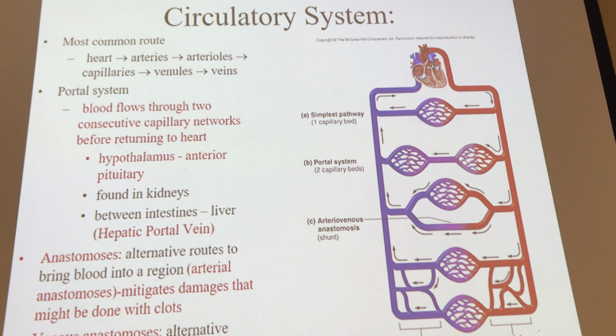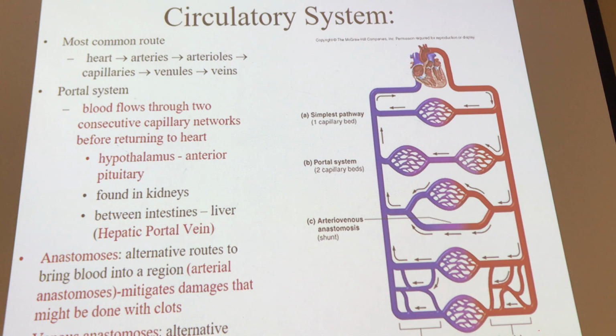So the hypothalamus one, so here's our normal circulatory system. You go oxygenated blood, about 99% oxygenation, full of glucose, exits the left ventricle, goes through the aorta, goes to your target tissue, goes to the capillaries where you have nutrient exchange. Then it goes back to the vein and back into the right atrium.